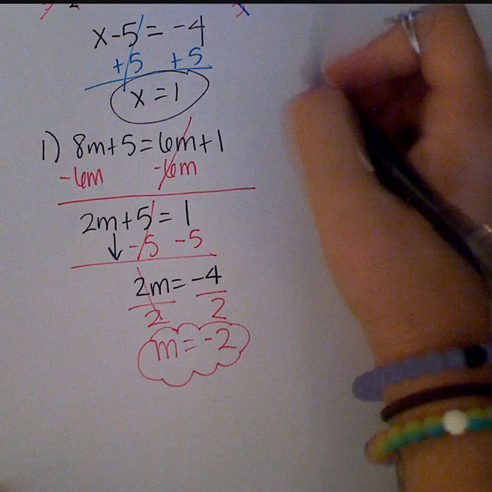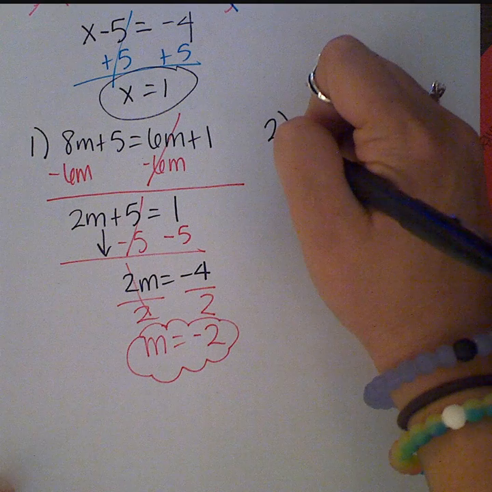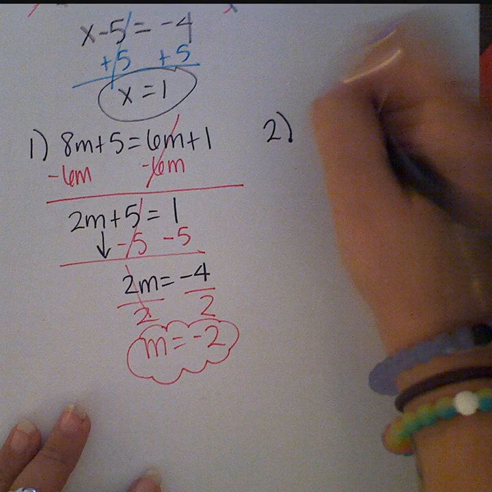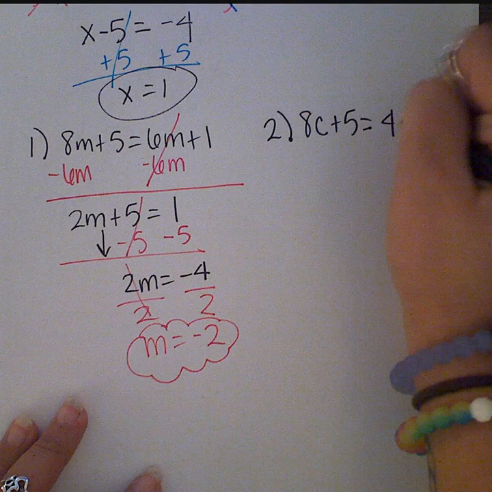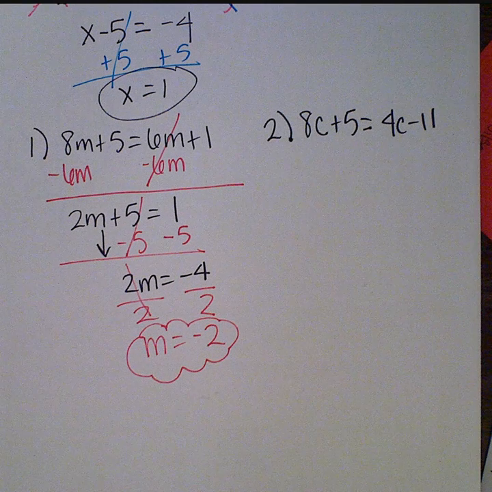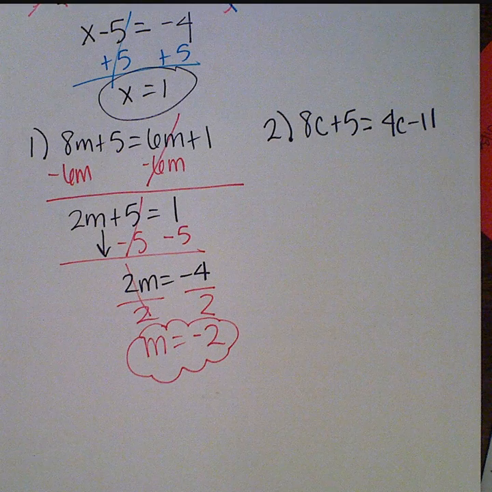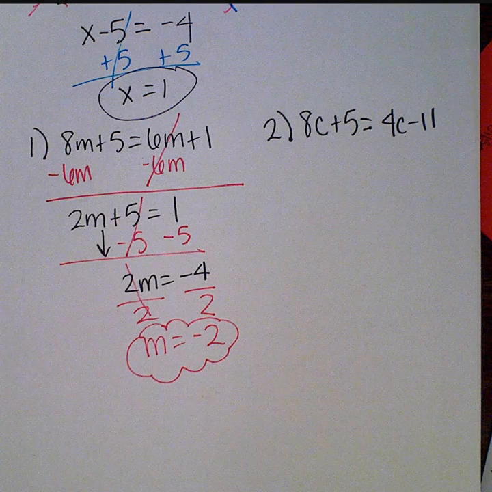Alright, on number 2 from your homework, on the same page, equations with variables on both sides. You had 8c plus 5 equals 4c minus 11. Now, are we combining like terms or moving like terms? We're moving like terms. So how would we move that 4c over there with the 8c?